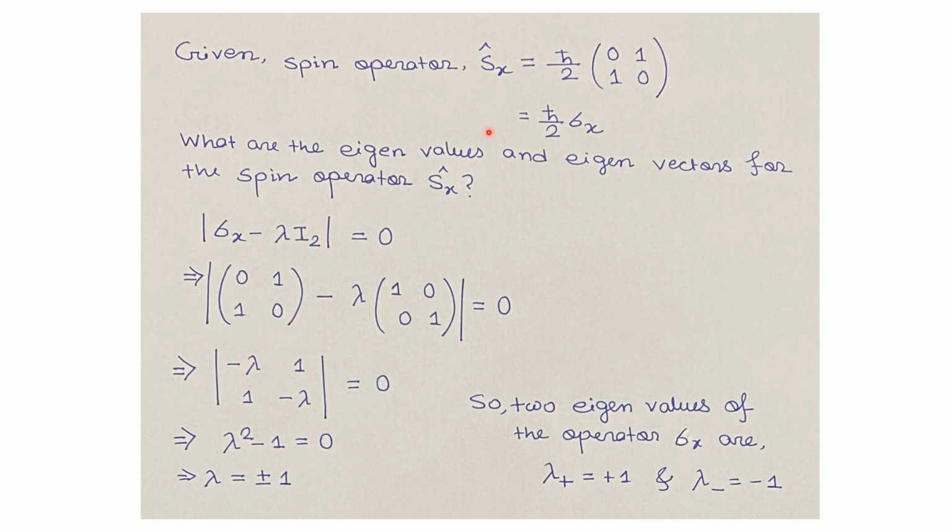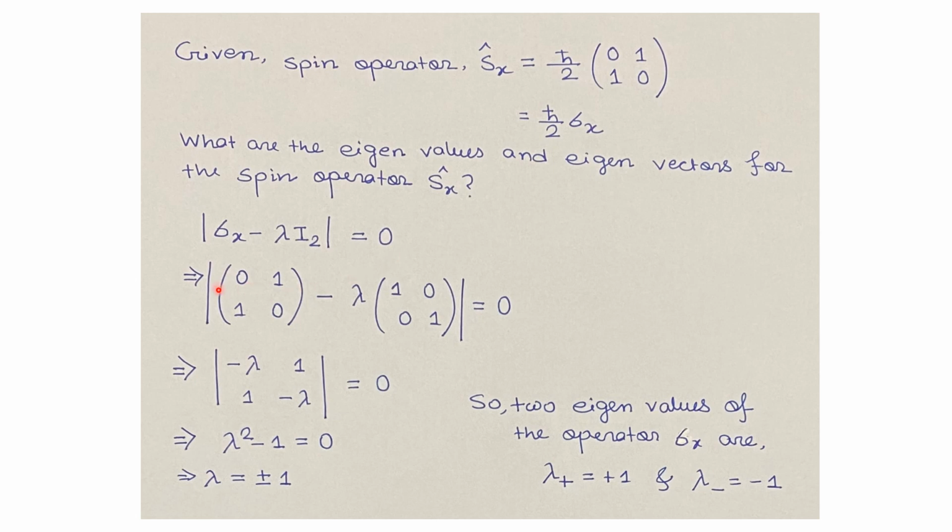So we will find the eigenvalues for sigma x, then we will multiply ħ/2 with the eigenvalues of the Pauli matrix sigma x. For that, we have to calculate this determinant: sigma x minus lambda times I2, where lambda is the eigenvalue of the Pauli matrix sigma x and I2 is the 2 cross 2 unit matrix, and this determinant should be equal to 0.